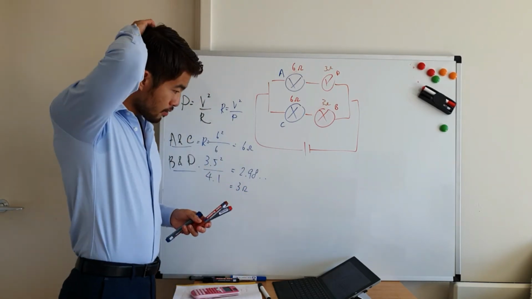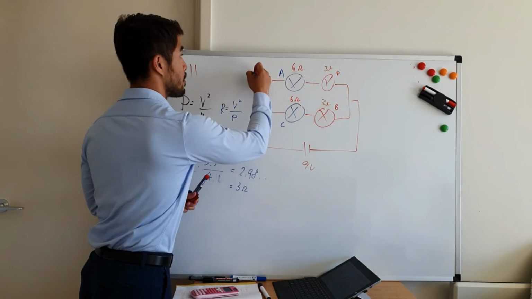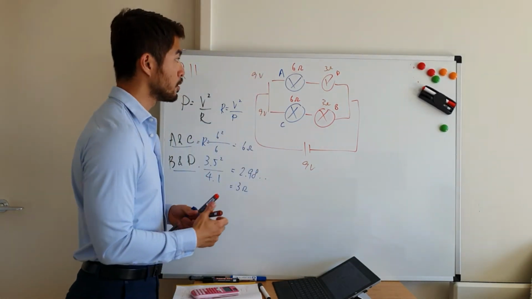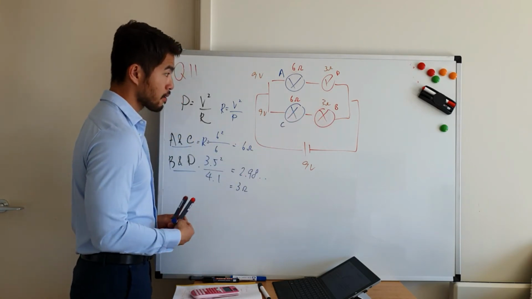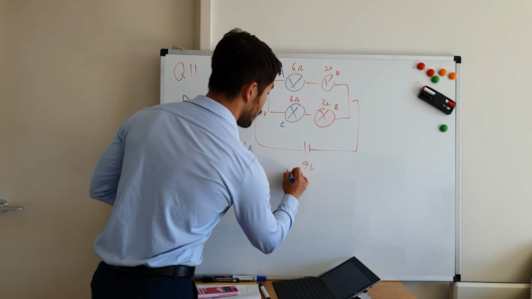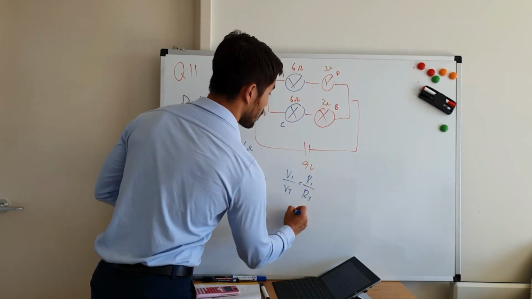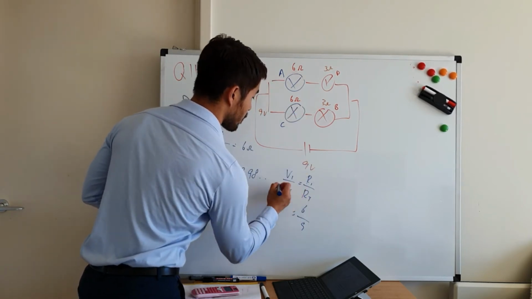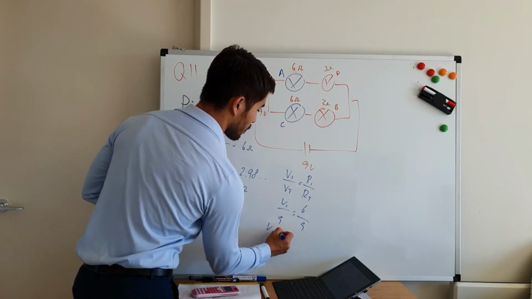So if this branch is 9 volts, what's the ratio? This is 1 to 2. Or you can use V1 over V total equals R1 over R total. R total is 9, R1 is 6, V total is 9, so V1 must be 6 as well.